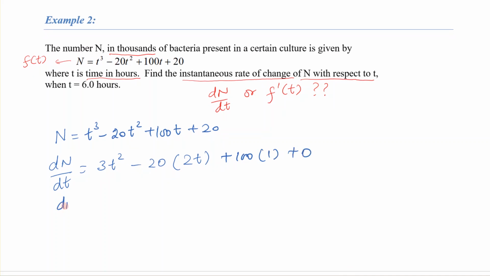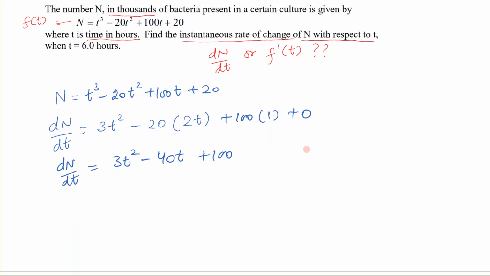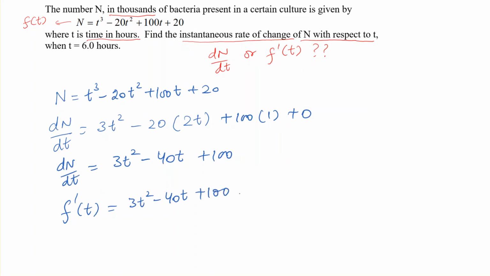Overall we got dn over dt is 3t squared minus 40t plus 100. In the problem, we are asked to find this instantaneous rate of change when t is equal to 6 hours.